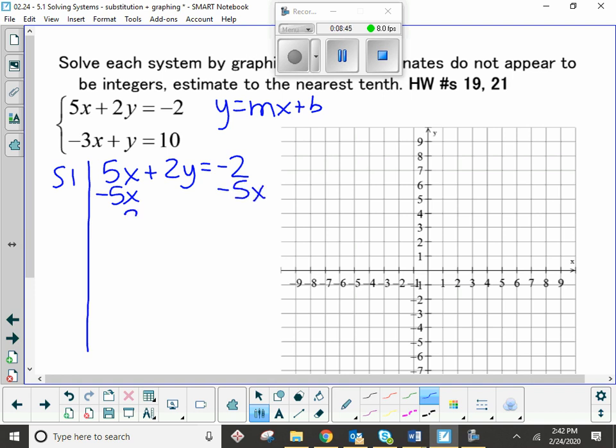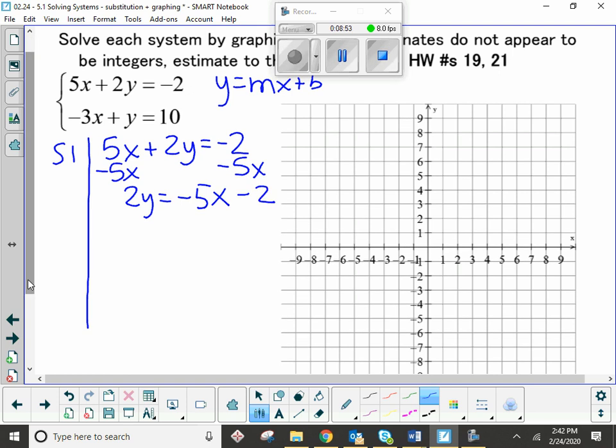So that gives me 2y equals, and I'm going to write the x part first so I can get it close to that form over there, mx plus b. And y is not solved for yet. It's still times 2. So the inverse of times 2 is what? Divide. And divide both of these things over here by 2.